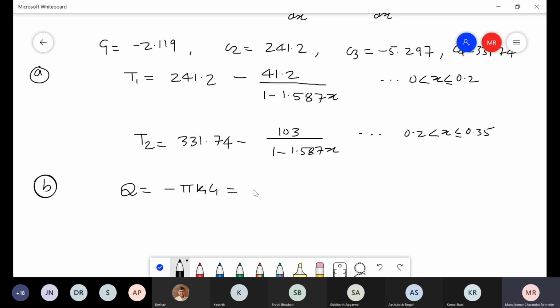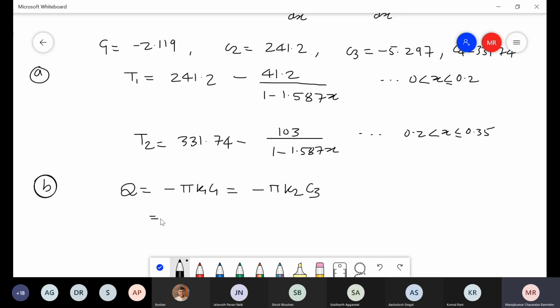We can write again in another way pi k2c3 also, isn't it? Am I right? Is it correct? Yes, sir. So now we know C1 and C3, you can put anything, whatever you are comfortable with. K1, K2 you already know, and find out Q. So that is the answer for part B.